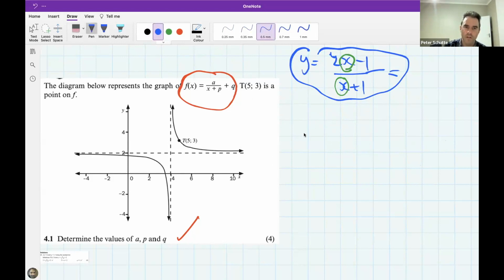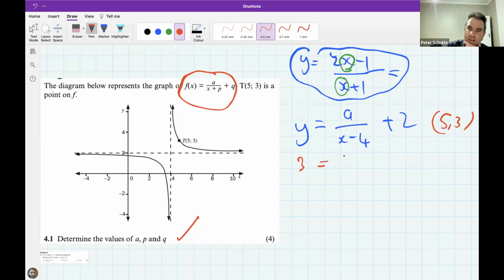So let's have a look at what this is. If it's a 2 for the y, there must be a plus 2 here. And on the bottom, there must be an x minus 4, and then there must be an a. Let's just make sure I've done that okay. Yes, I have. Now I use the point 5, 3, and sub that point in to help me find what a is. So I get 3 equals a over 5 minus 4, plus 2.